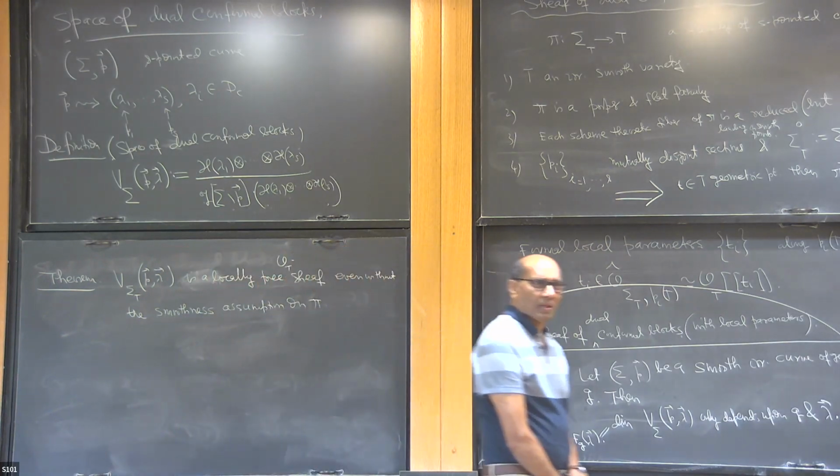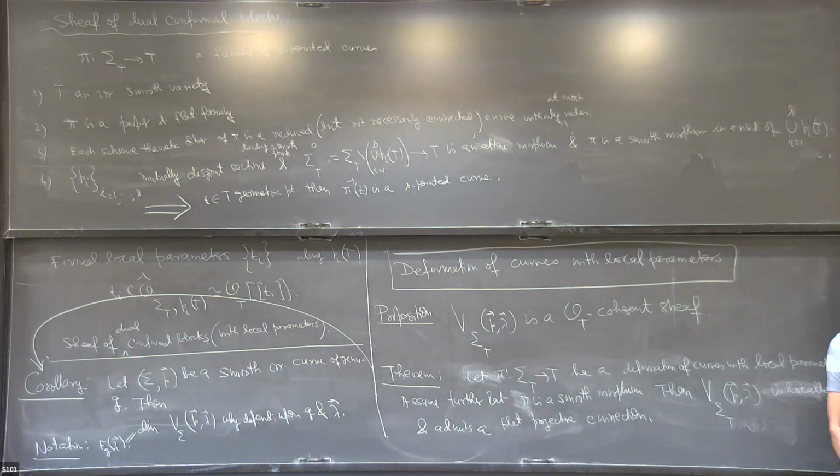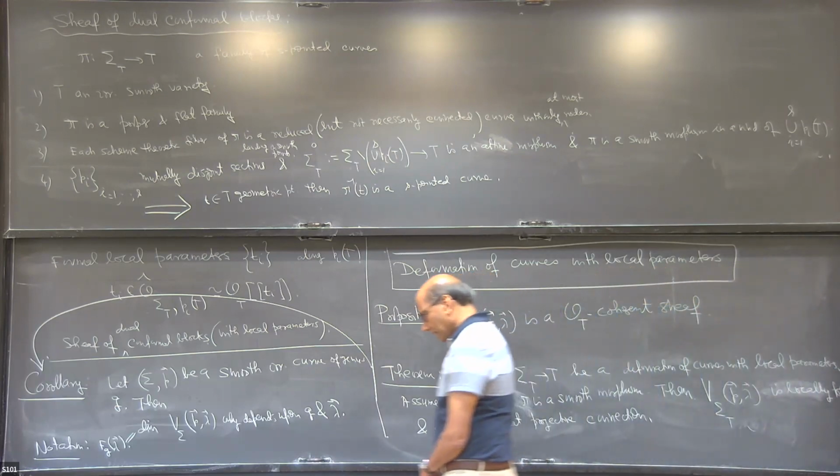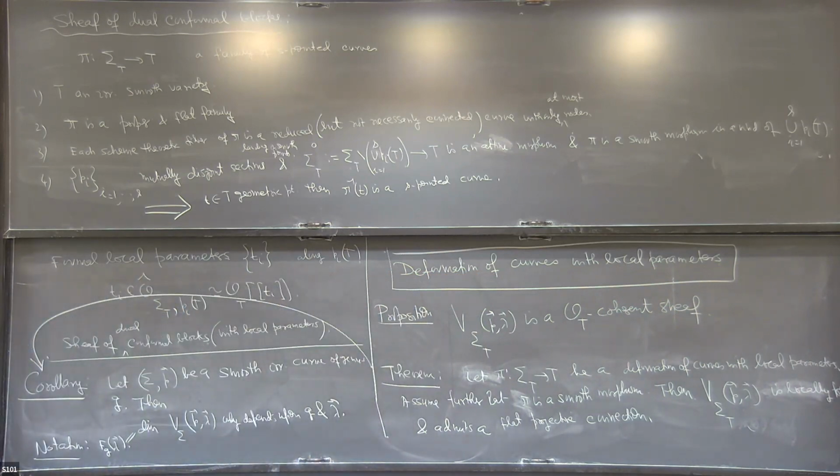I don't see that. Okay, that's a very good question, but I do not know an answer offhand. At least the proof which I have in my mind does require a smoothness assumption on pi, but whether it can be extended to allow the same number of nodes in the fiber, I will have to look into that.